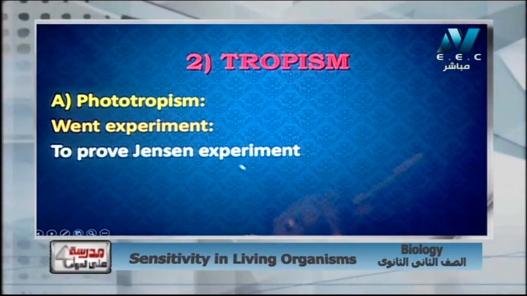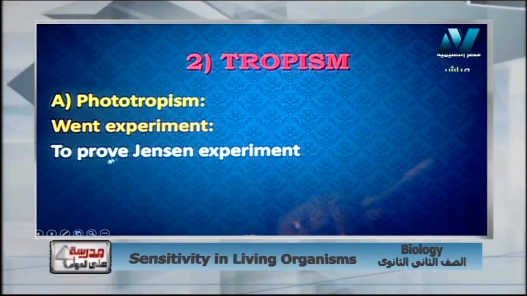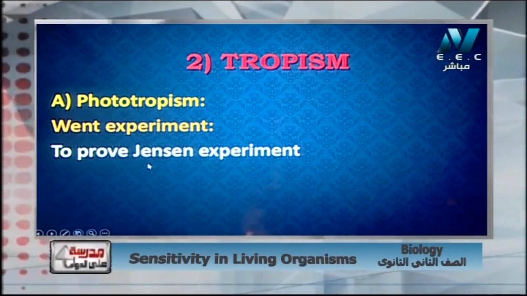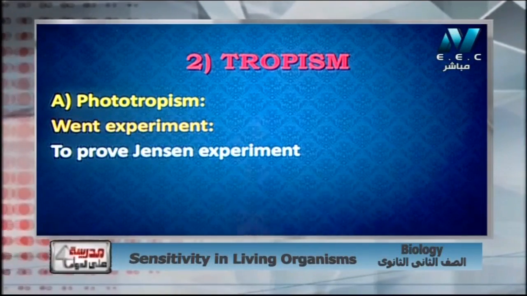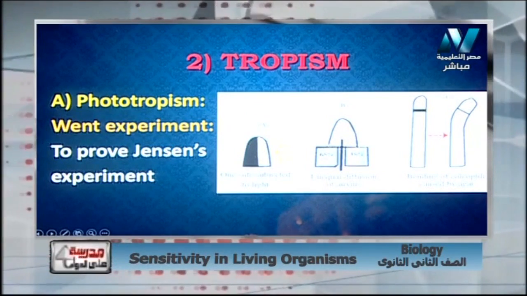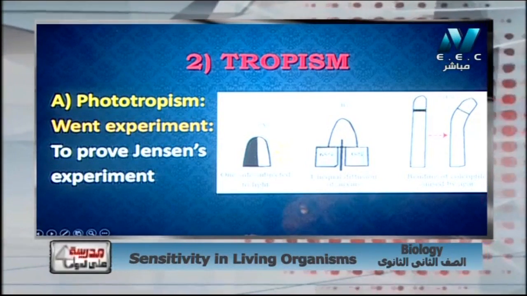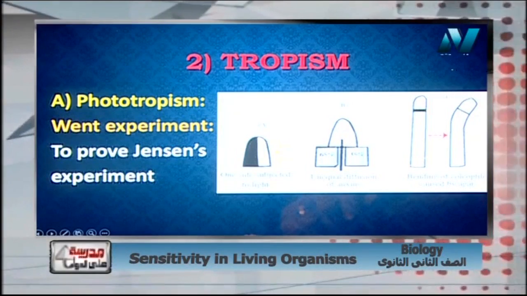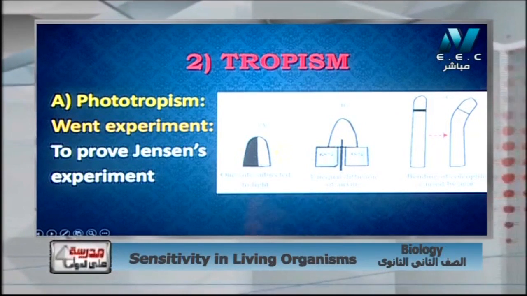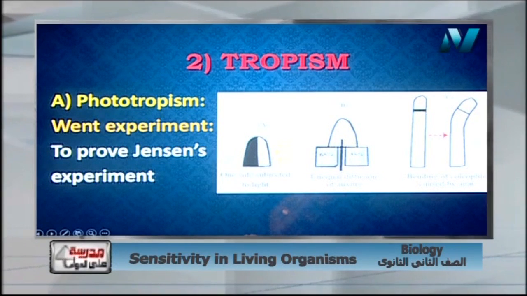It is not permeable. Another scientist called Went did an experiment to prove the experiment done by Boysen-Jensen. His experiment was like this. He put the Avena plant in front of light, as in stage A, with light from one direction. He allowed it unidirectional illumination. Light comes from one direction, and this is the lighted side, and this is the dark side.